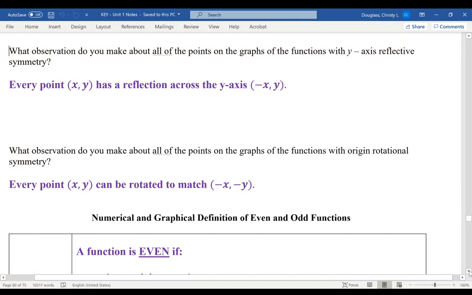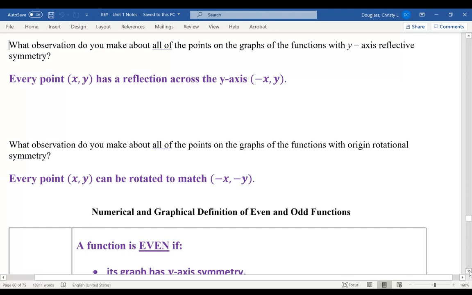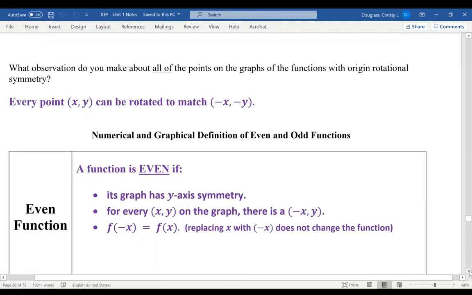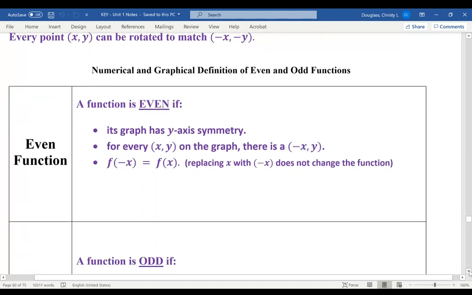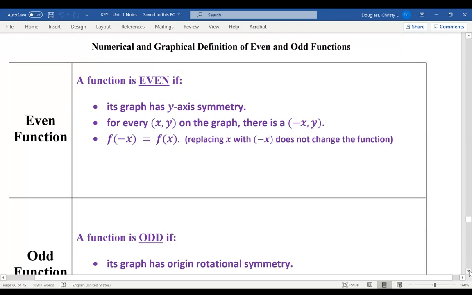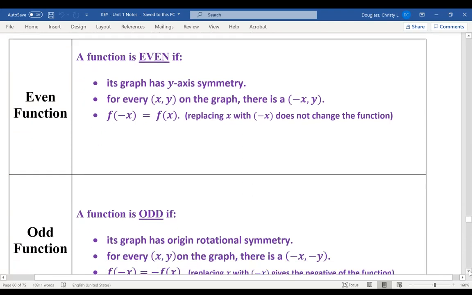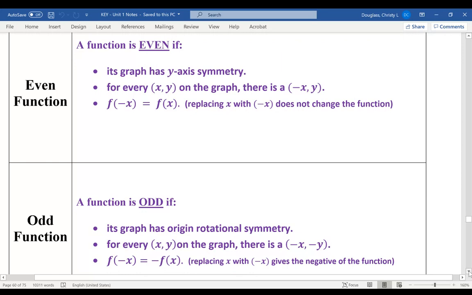So this brings us to the definition of even and odd functions. It has to do with these types of symmetries. So you might want to pause the video to take a moment to write down these definitions.